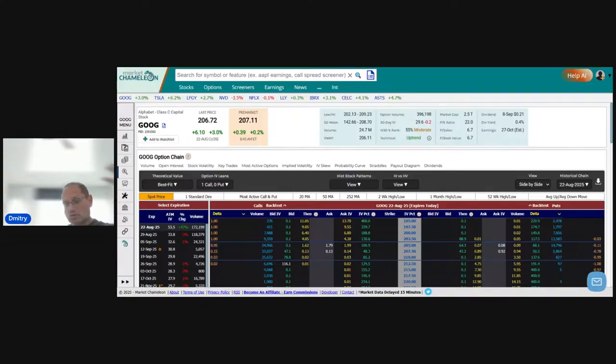One of the things we want to do is dig a little bit deeper and get some insights, and be able to analyze it or do a little bit of research initially to see how this call spread is currently priced relative to historical data, historical stock moves, and historical implied volatilities, so we could get a sense of: is the pricing on a higher end, lower end, how much risk do I potentially have, and potential reward.